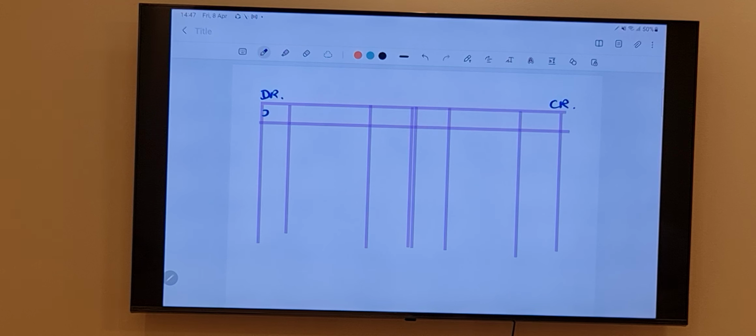So here you have date, description, amount. Date, description, amount. And in the middle, you will write the title of account.